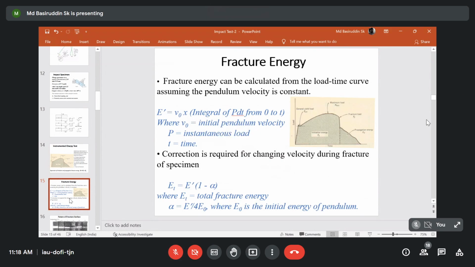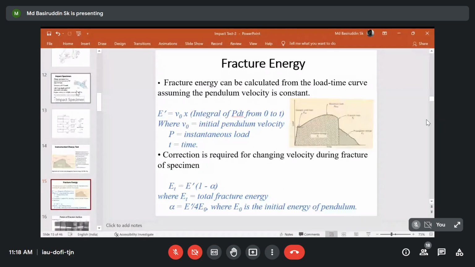Now, the initiation energy and propagation energy I have mentioned, theoretically we can calculate by knowing the velocity of the hammer and by knowing the width of the specimen, that is x. So x is nothing but the width of the specimen.